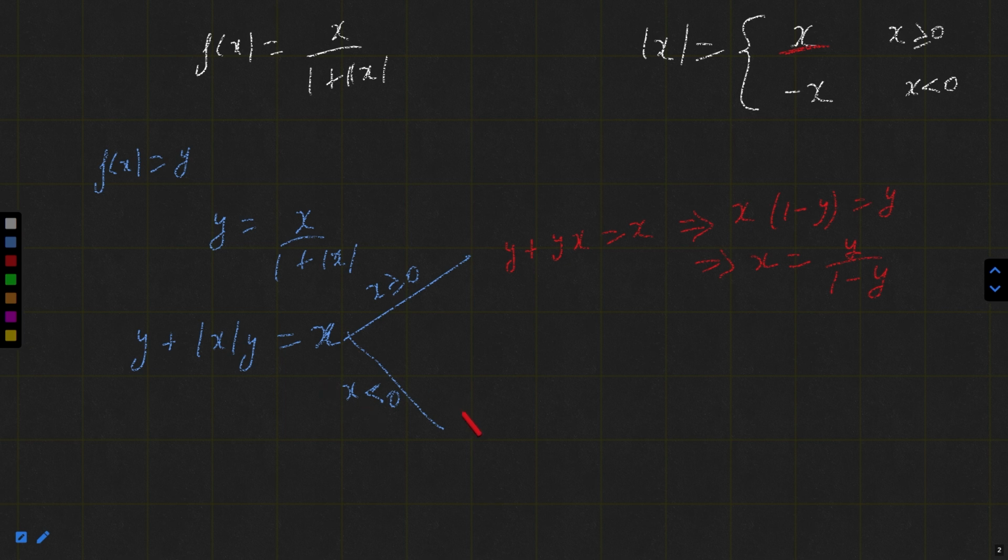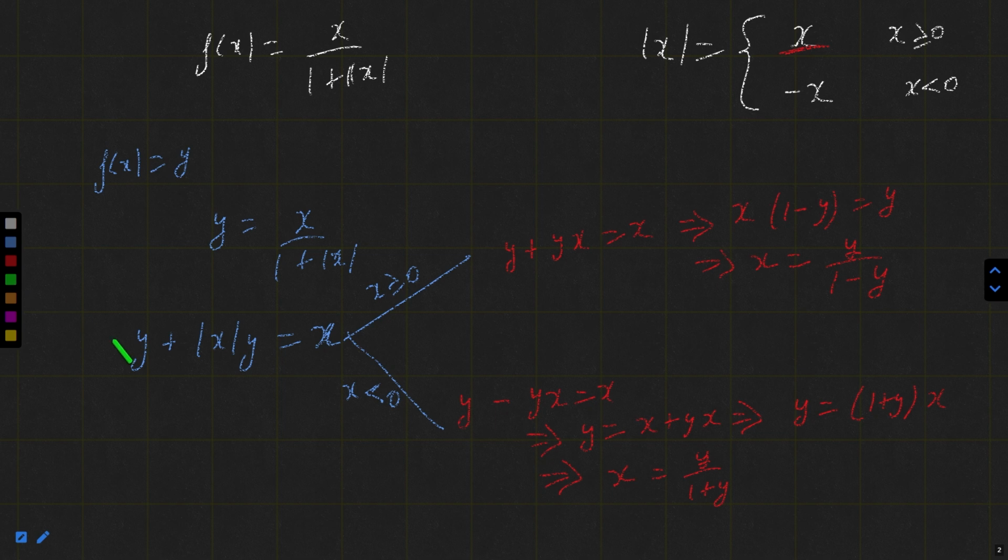And from the other side, when x is less than 0, we get y minus yx is equal to x. Let's take this x plus yx, which implies y is equal to 1 plus y times x. Further, it implies that x is equal to y by 1 plus y.